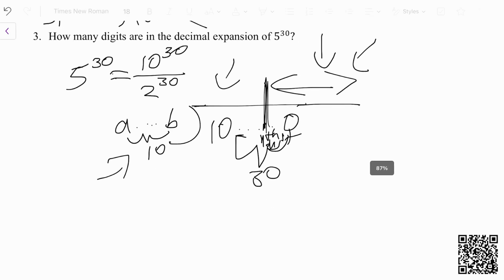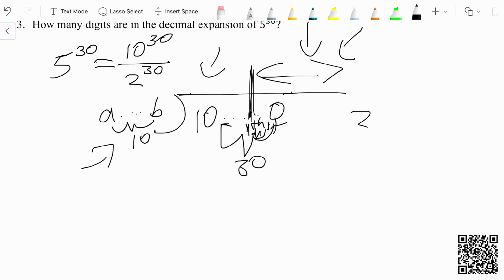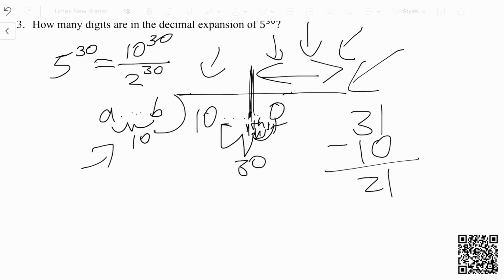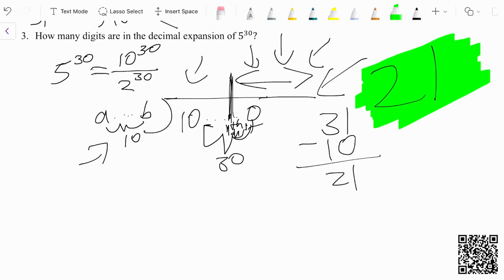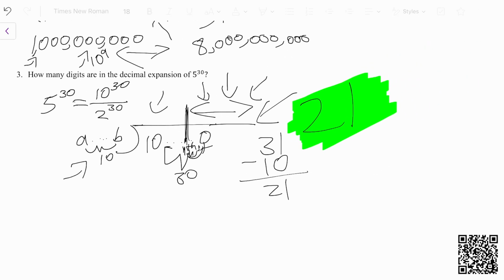And since 10 to the power of 30th has 31 digits, and our good old 2 to the power of 30th took up 10 digits, that means that we have 21 digits to create our 5 to the power of 30th in this little area. Which, if you think about it, isn't actually very little at all. So that means that 5 to the power of 30th has 21 digits, because that is how many digits are remaining after 2 to the power of 30th ate up a lot of it.